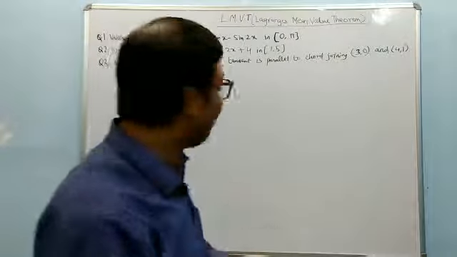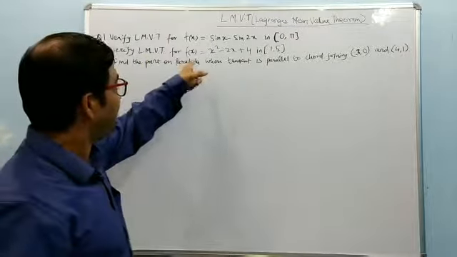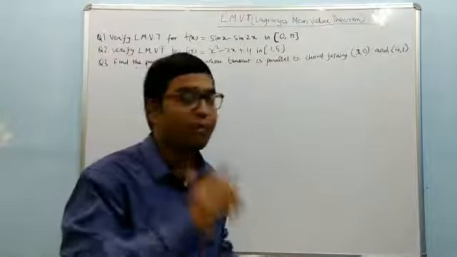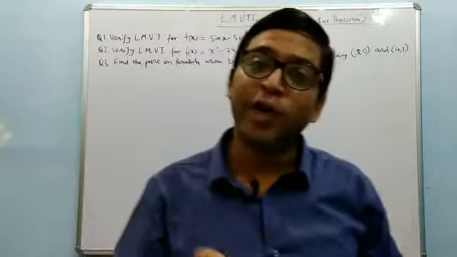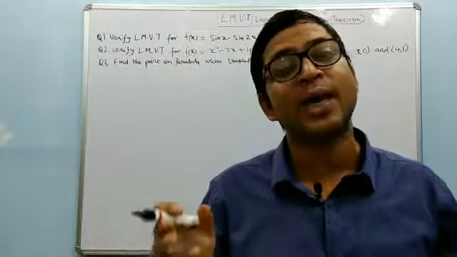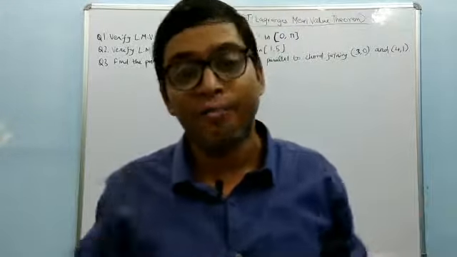Now see question number 2. Verify LMVT for f(x) equal to this thing in 1, 5. You see, this is a polynomial, and a polynomial is continuous and differentiable everywhere.